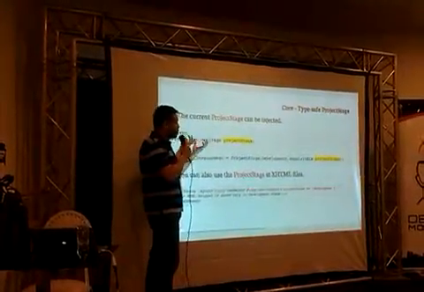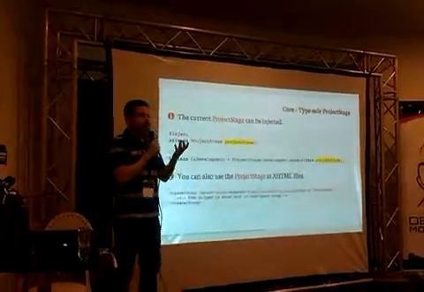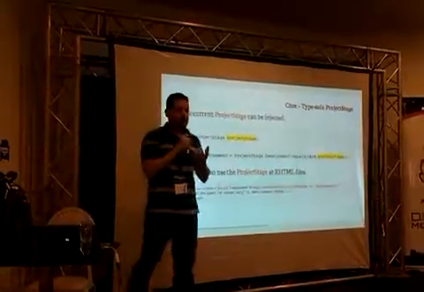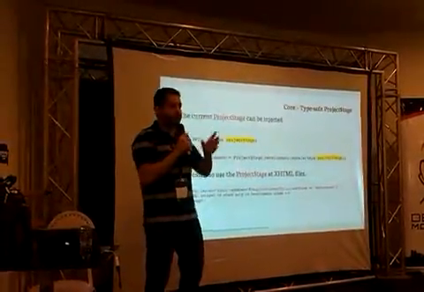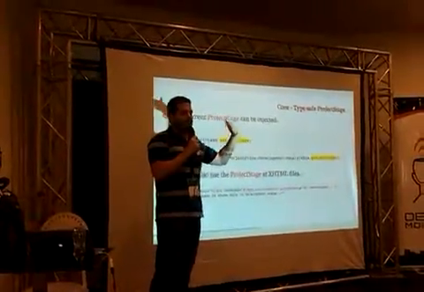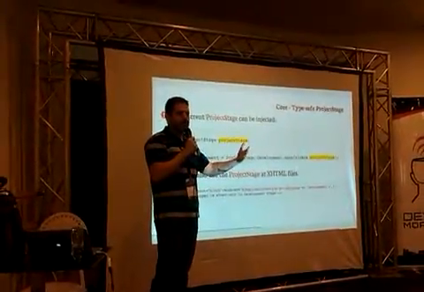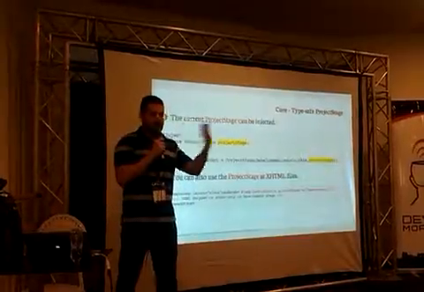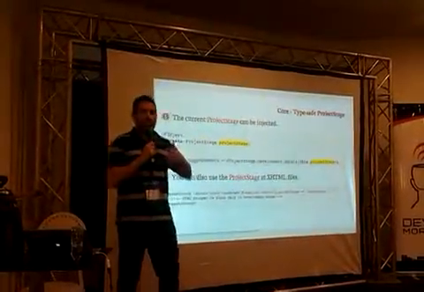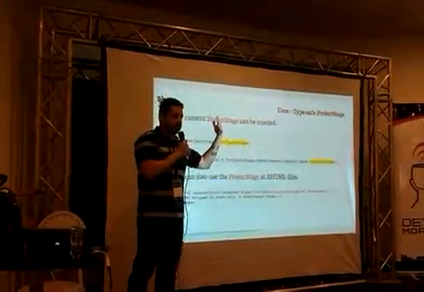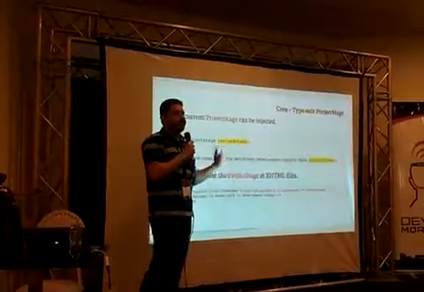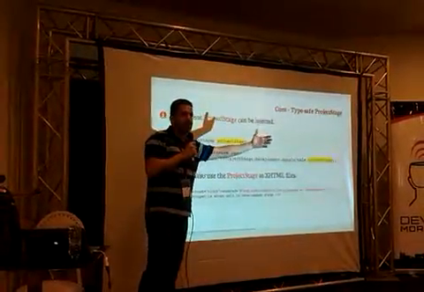DeltaSpike also gives you a way to identify the current project stage of your application. That's interesting. Why? Because sometimes during the life cycle of your application, the application has different stages. It starts in development mode, then goes to unit tests, integration tests, staging. Finally, it reaches production.